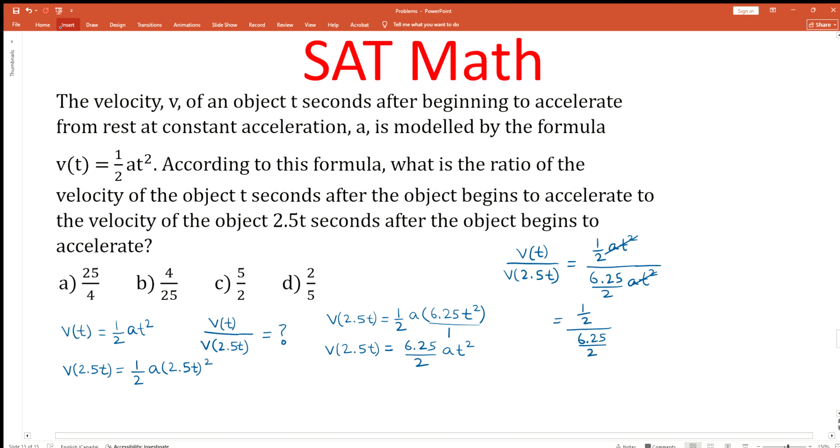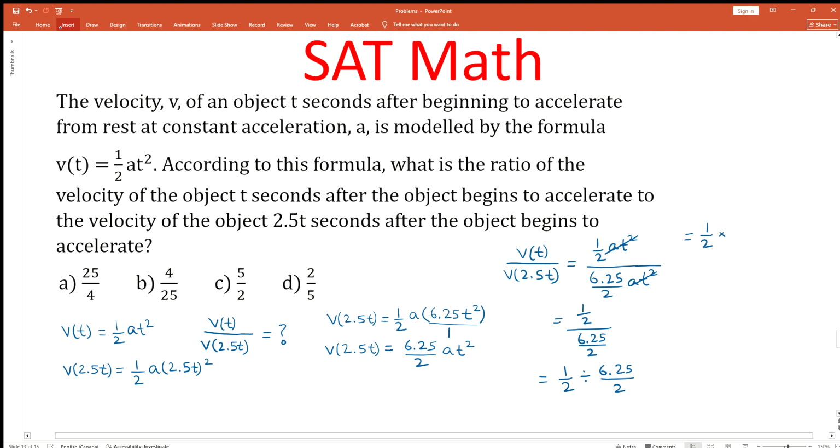This expression has a fraction in the numerator and a fraction in the denominator. We can simplify this expression by writing it as a division statement. We can write it as 1 over 2 divided by 6.25 over 2. Next, we can change this division statement into a multiplication statement.